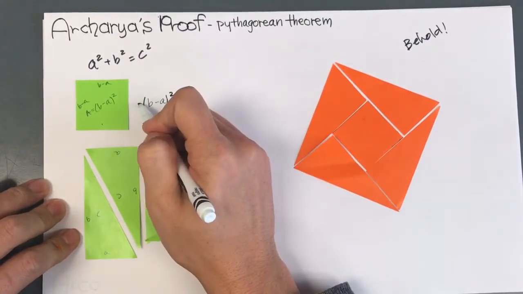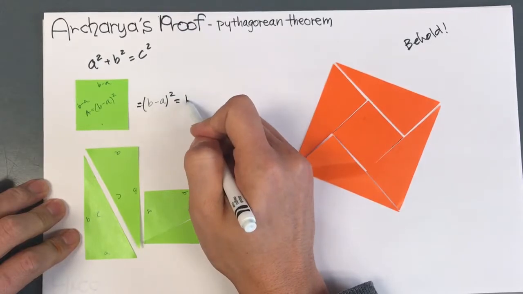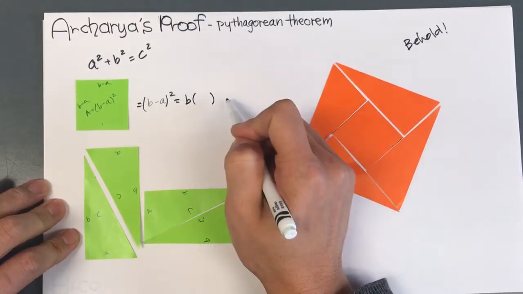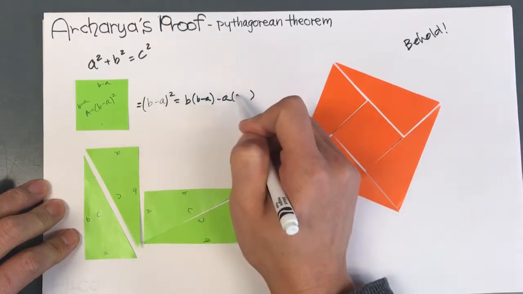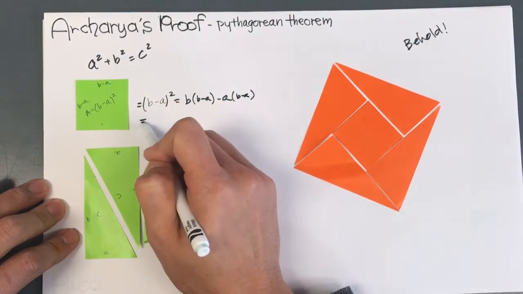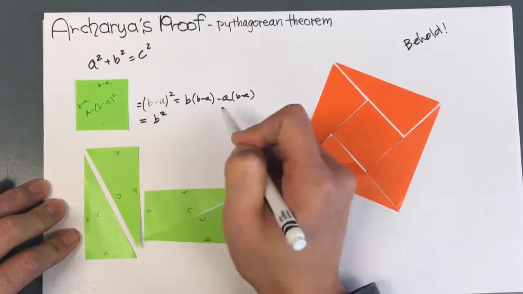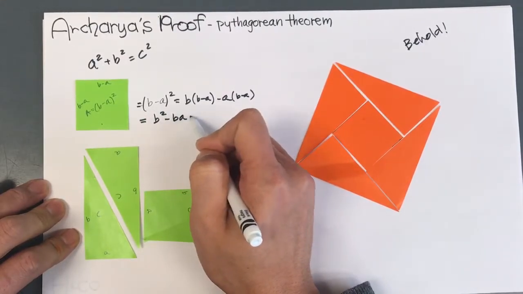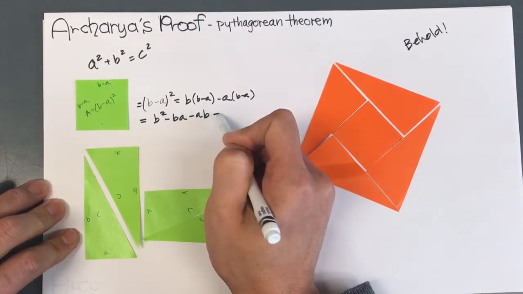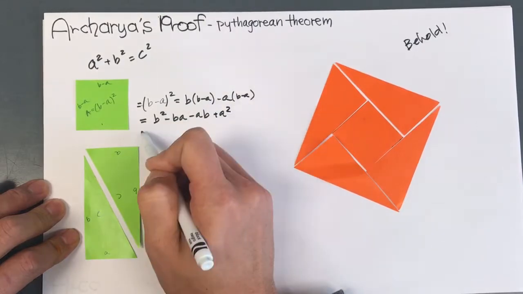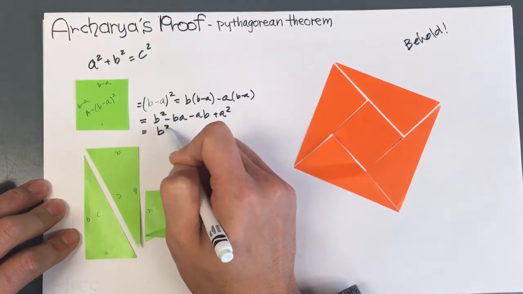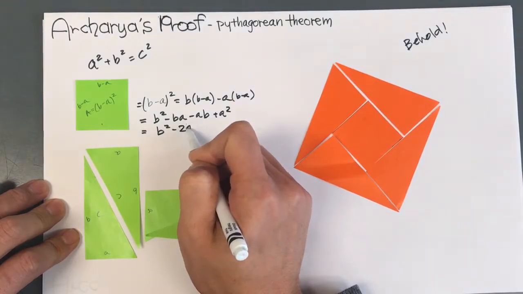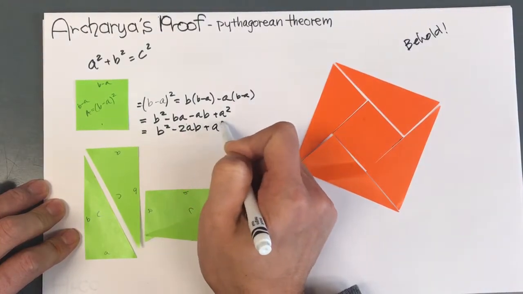We can use the distributive property: B times B minus A, minus A times B minus A. So we have B squared minus BA minus AB plus A squared. So the area of this is B squared minus 2AB plus A squared.